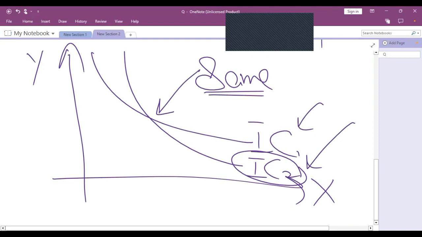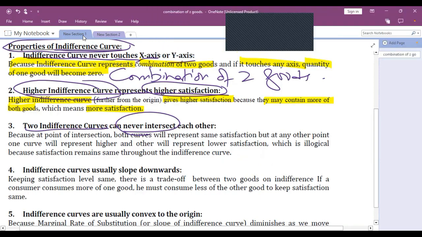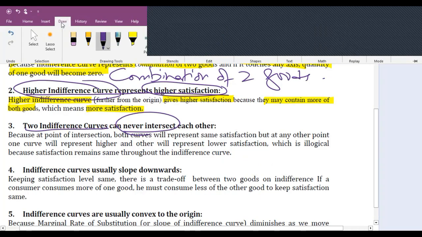That is not possible, as we have already studied in the previous property that a higher level of satisfaction is reflected by a higher indifference curve. Let's study it from the notes.